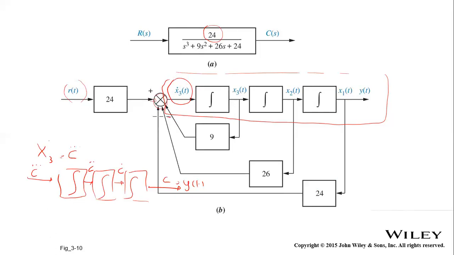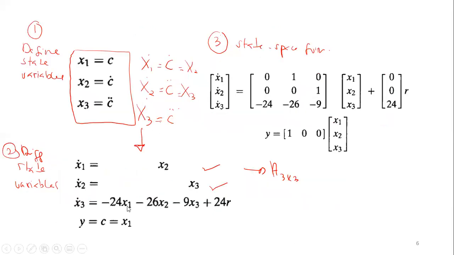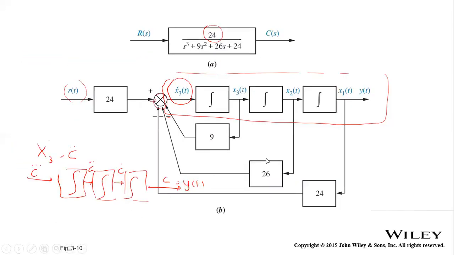And similarly, the signal of 26x2 here, we tap the signal from x2, and it is amplified by gain 26, and the signal is connected to the summing point, and it is a minus.